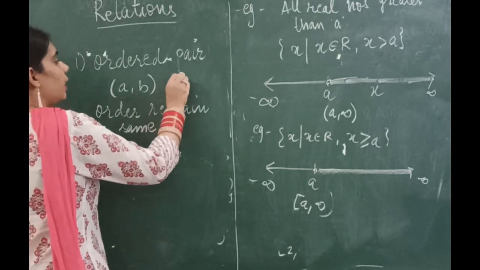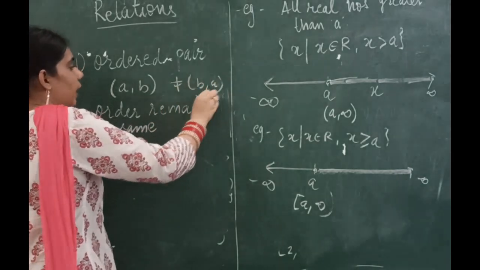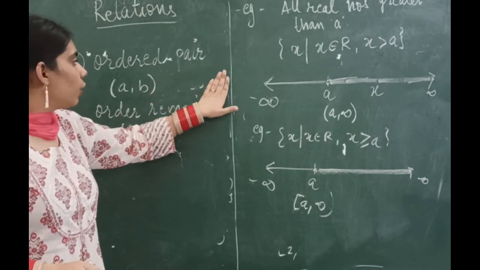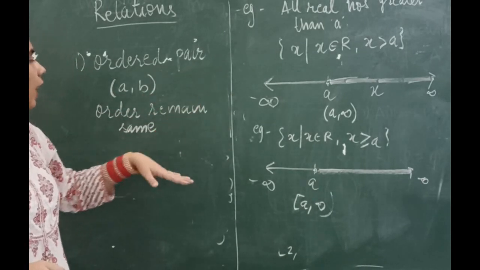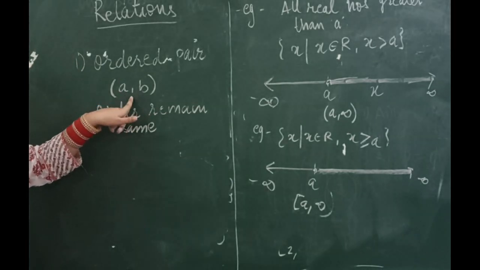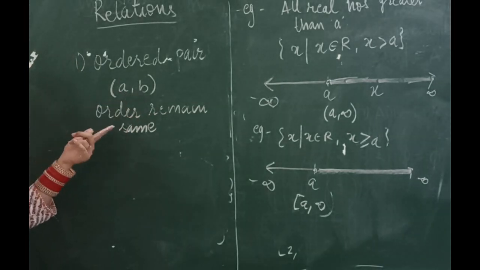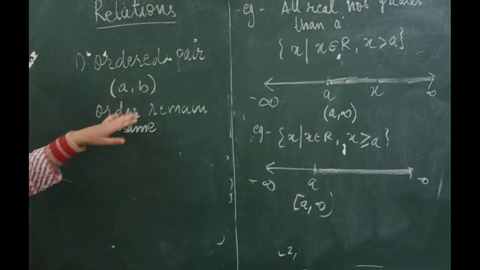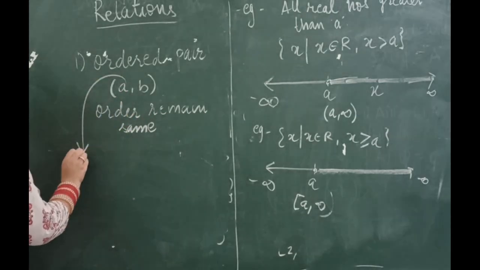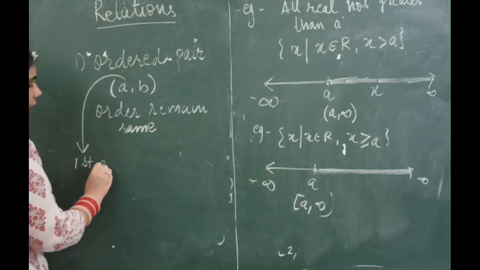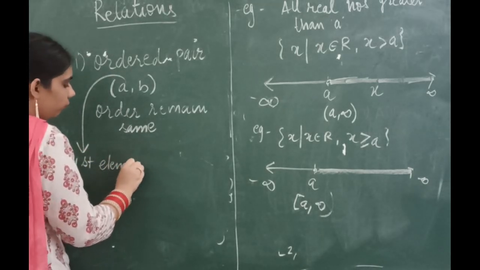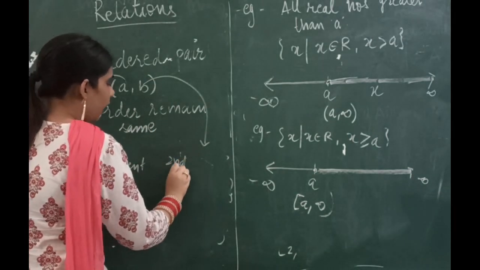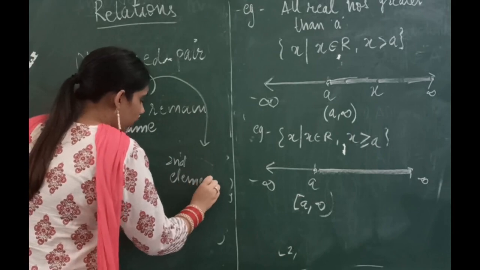We can't write it as B, A. A, B और B, A में बहुत फर्क है। तो I am saying ordered pair वही है जिसका ऑर्डर मैटर करता है, सेम रहता है और हमारे लिए इंपॉर्टेंट है। When we are talking about an ordered pair, A will be its first component and element, B will be known as its second element or component.